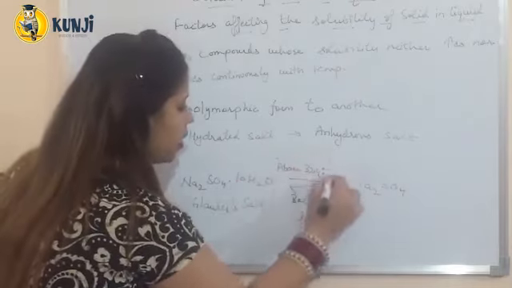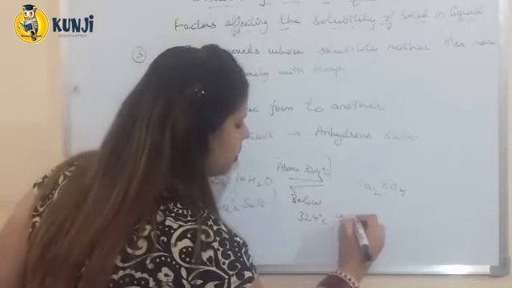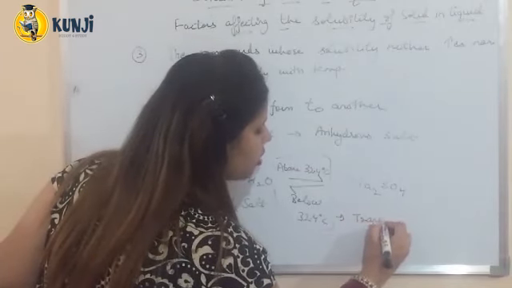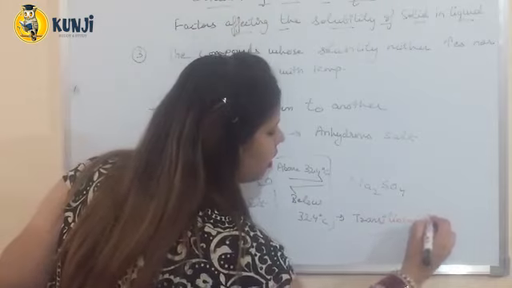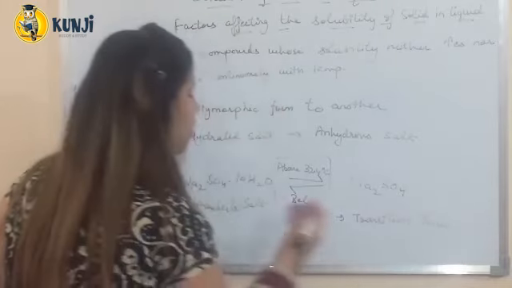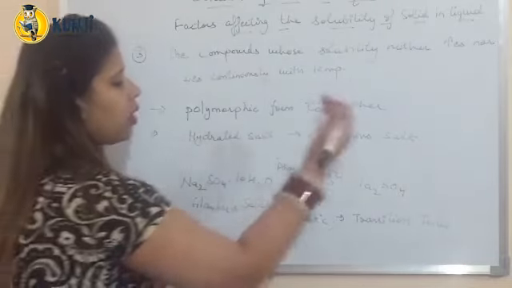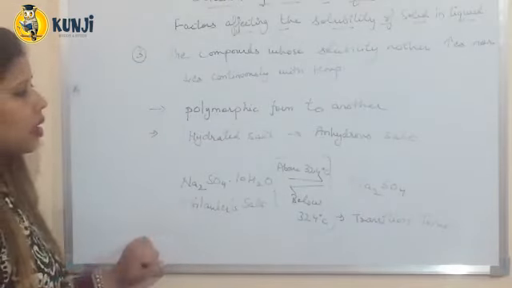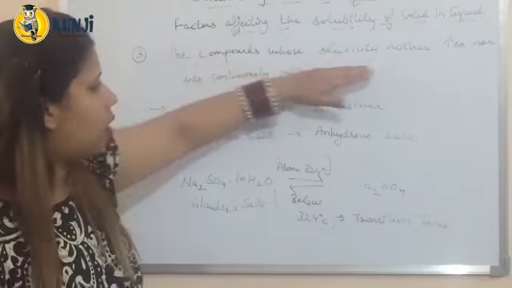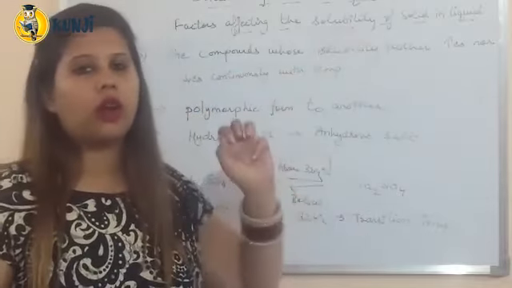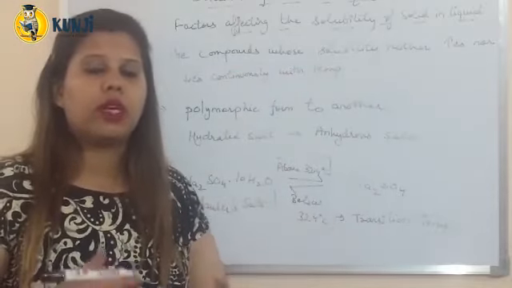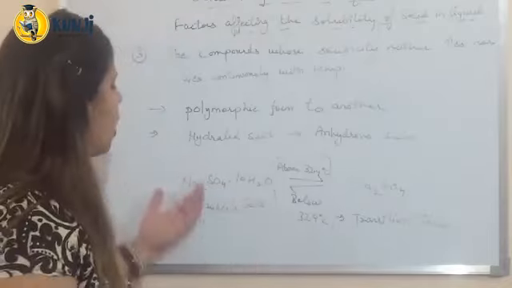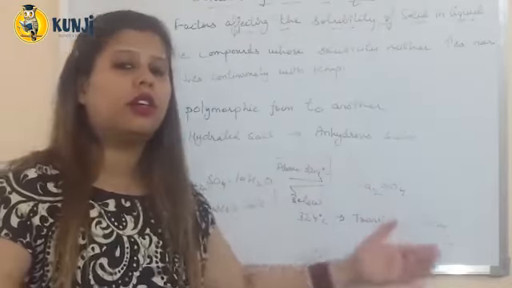And this temperature is known as the transition temperature, in which one form of the salt changes to another form of the salt. So it means that here the solubility is neither increasing nor decreasing, but the temperature that we are giving is changing one form of the salt to another.